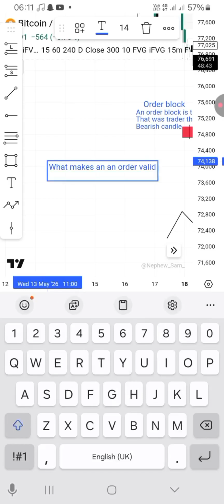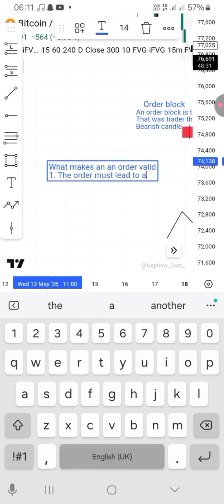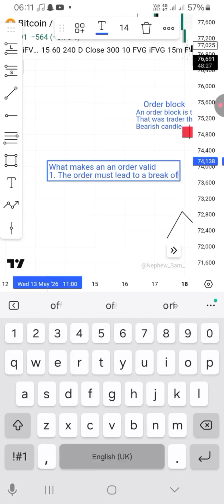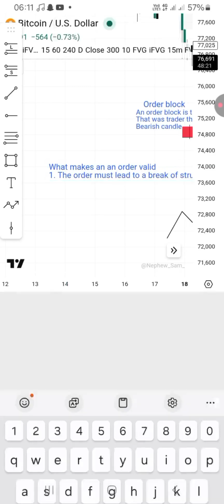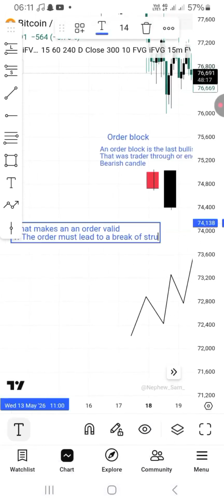Number one, the order block must lead to a break of structure.